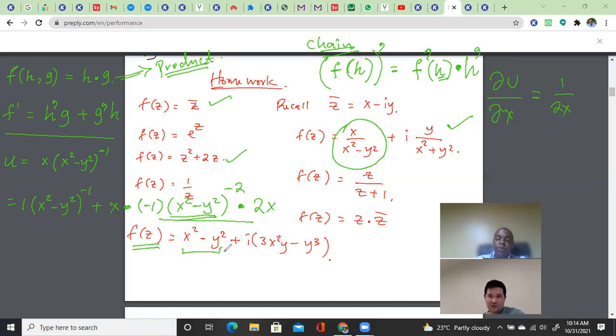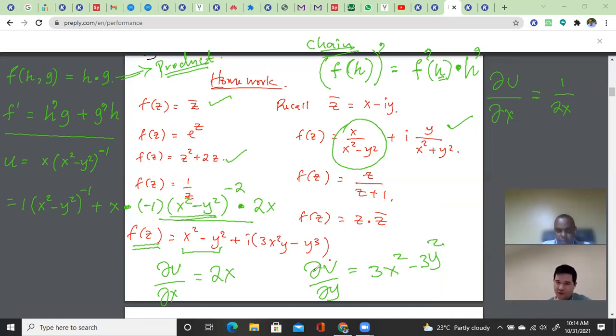Oh, you already worked on it? Yes, I did it. What was your du/dx? du/dx equals 2x. And then you had dv/dy? 2x. dv/dy is 3x squared minus 3y squared.